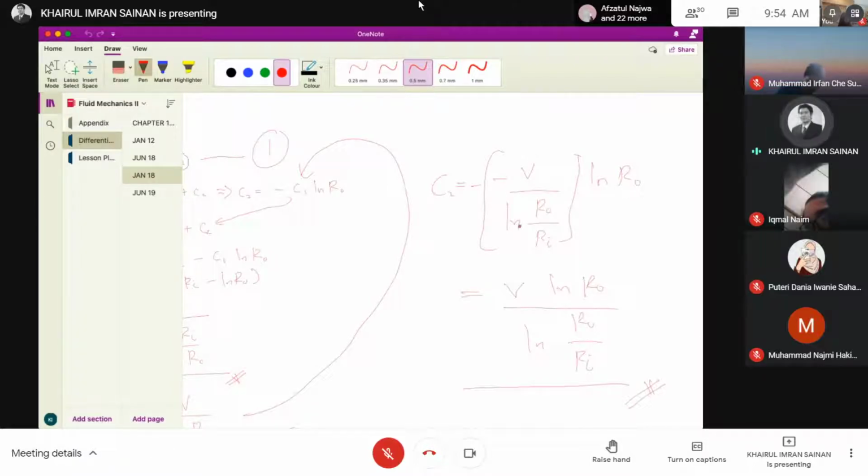V divided by ln R outer divided by R inner multiplied with ln R outer. So finally your C2 is V ln R outer, this one multiplied with this one, divided by ln R outer divided by R inner.